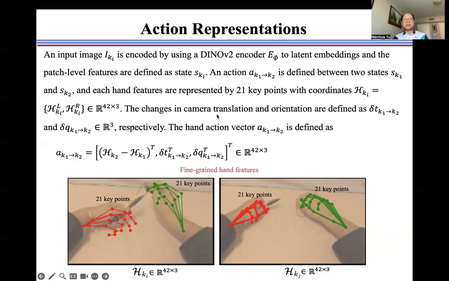The changes in camera translation and orientation are defined as delta T and delta Q, respectively. The hand action vector a_k1 to k2 is defined as here and shown in these figures.